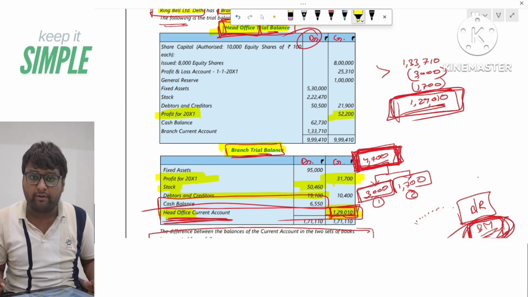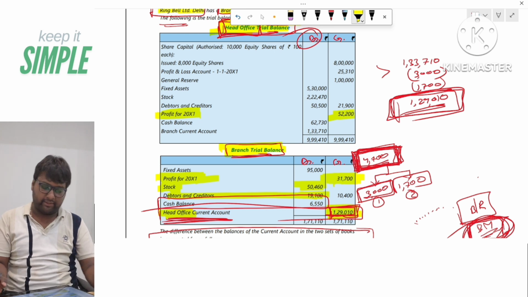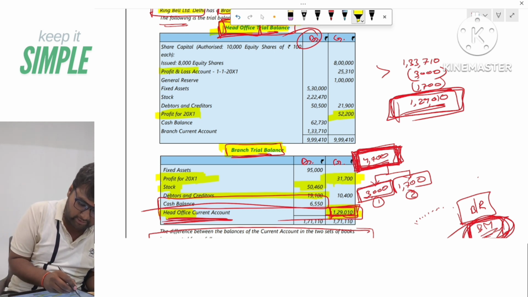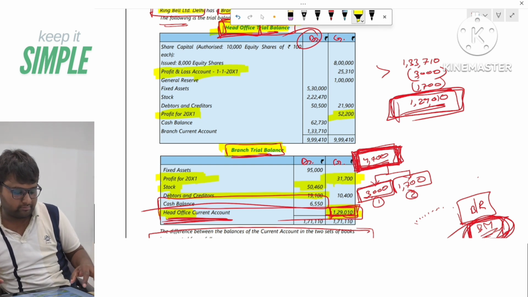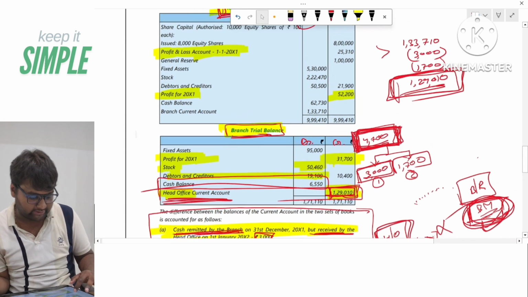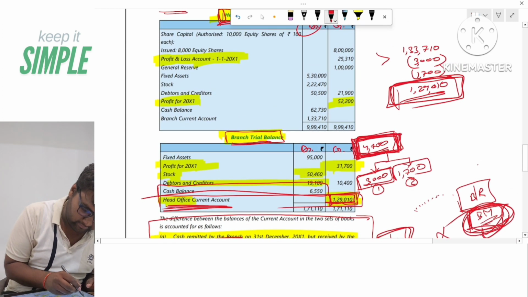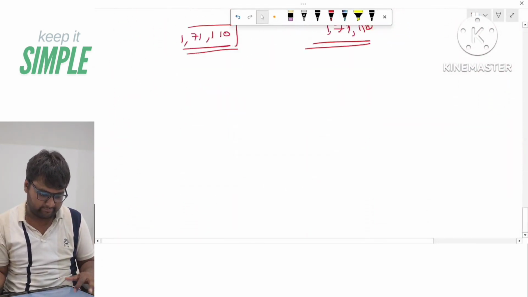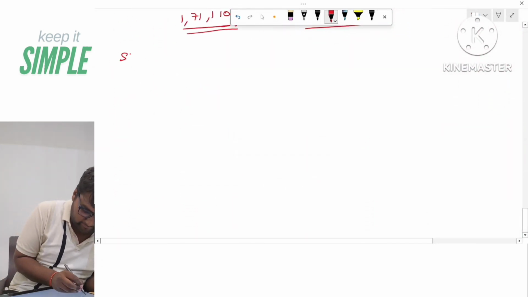Okay, but here we will have to prepare PL and appropriation account. Why, I'll tell you: because we have been given the opening profit and loss account balance. So we'll have to prepare PL Appro to get the closing profit and loss account balance. So how will we do it? Step 3.